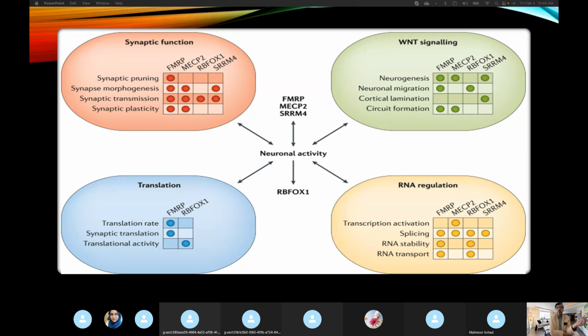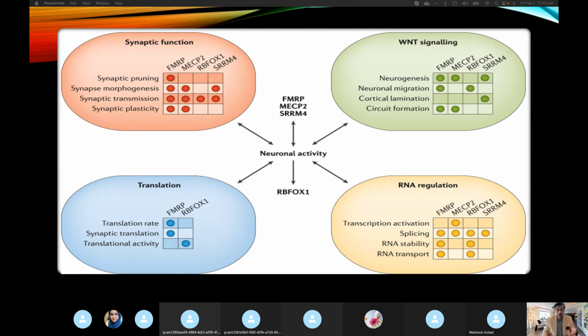Synaptic functions are compromised. WNT signaling is compromised, which includes FMRP, MECP2. I am not very familiar with these terms, so I won't be able to explain them to you. But for an MCQ regarding what happens in autism: synaptic pruning is compromised, synaptic morphogenesis is compromised, synaptic transmission is compromised, plasticity is compromised, cortical lamination is compromised, RNA stability and splicing is compromised as well.